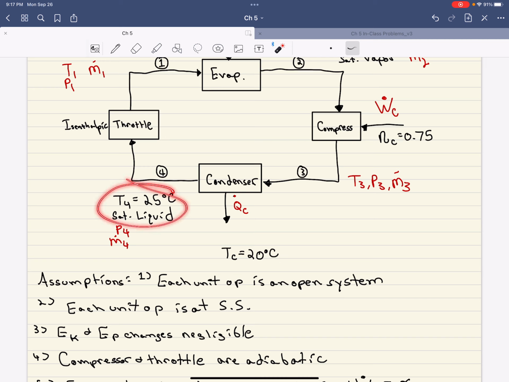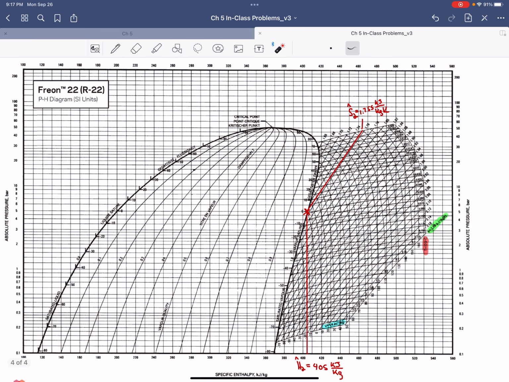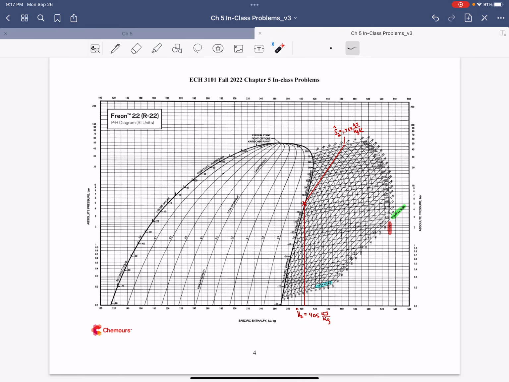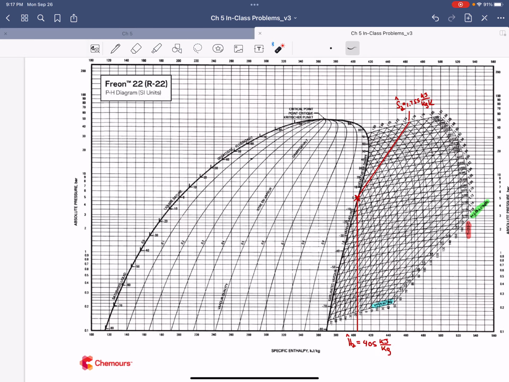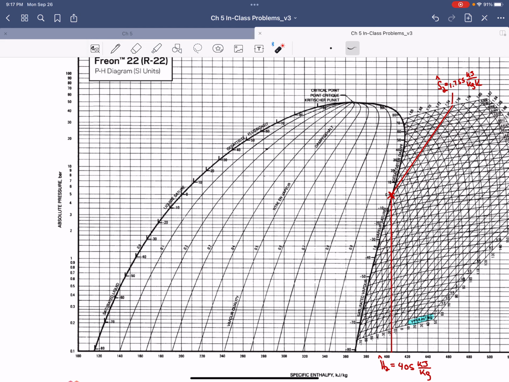And so because we know two properties here, that means we could get any other thermodynamic property off this chart. Specifically, we know it's a saturated liquid, and so that means we want to look at the left-hand side here. And we know that it's occurring at a temperature of 25 degrees Celsius. So that intersection would be right here.